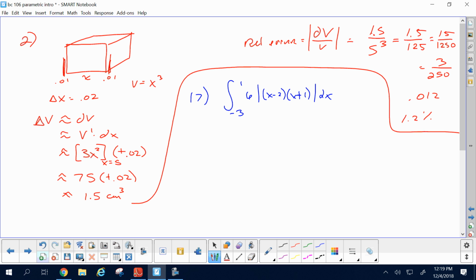The roots are 2 and -1, and it would normally be opening up and pretty narrow, but now the below part is flipped, right? So from -3 to 1 would have to be broken up into -3 to -1 of the normal or the flip.